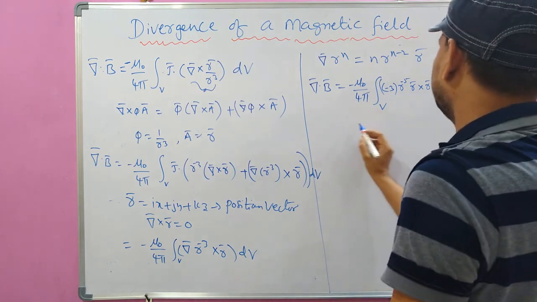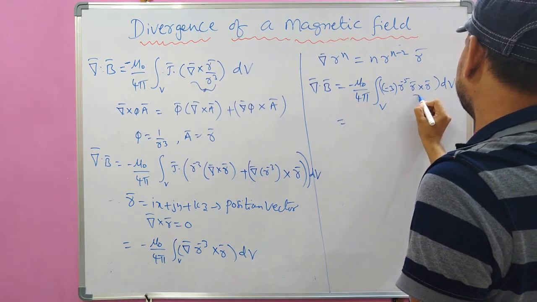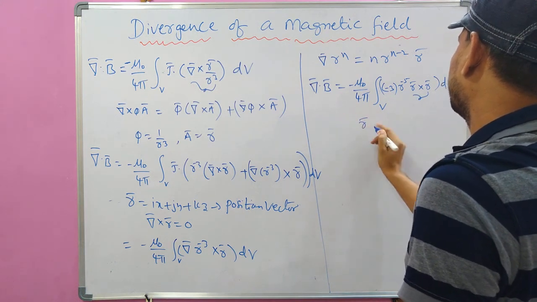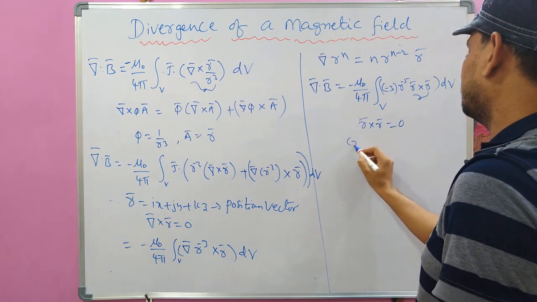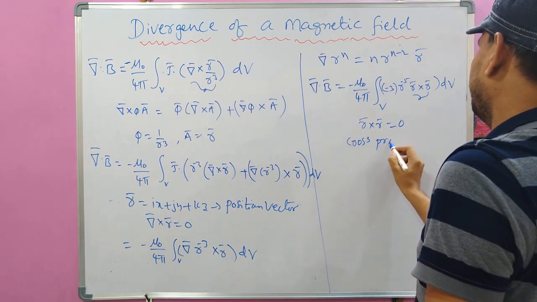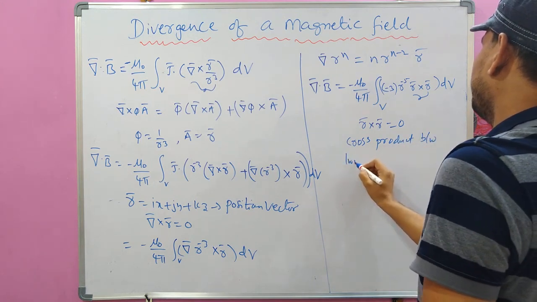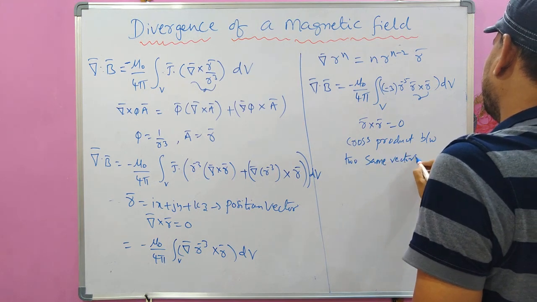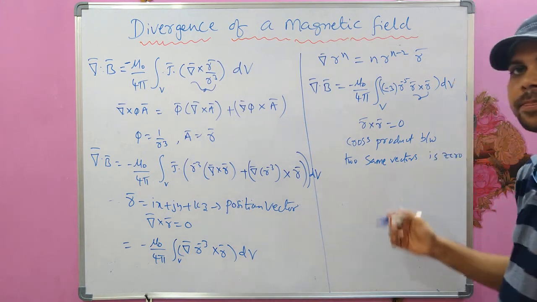If you observe this, R bar cross R bar will be 0, because the cross product between two same vectors will be 0, because the angle between them is 0.